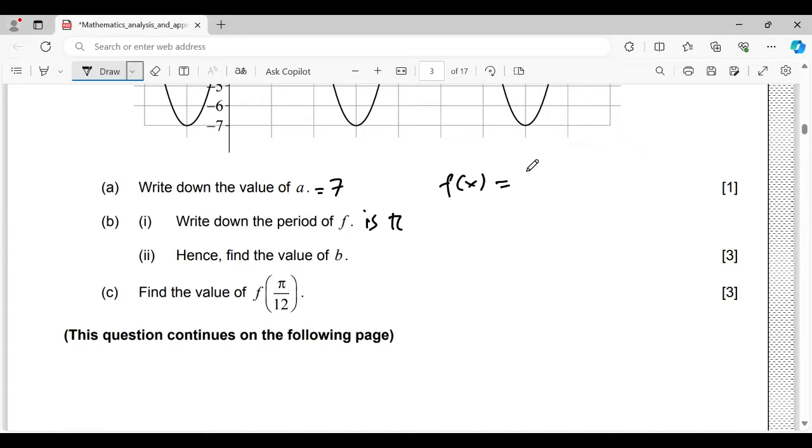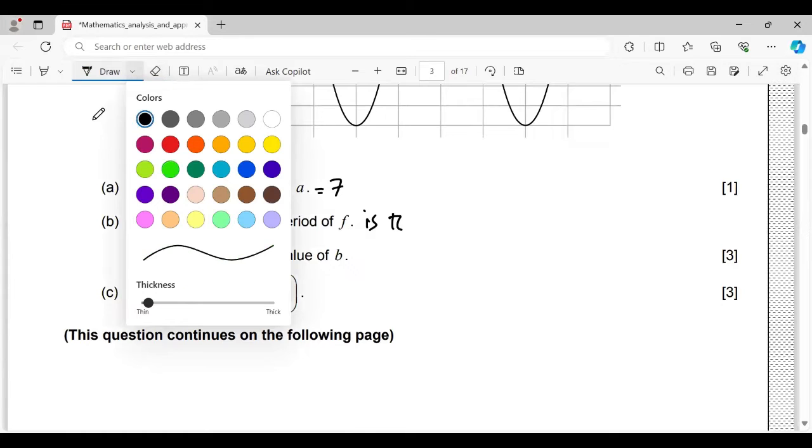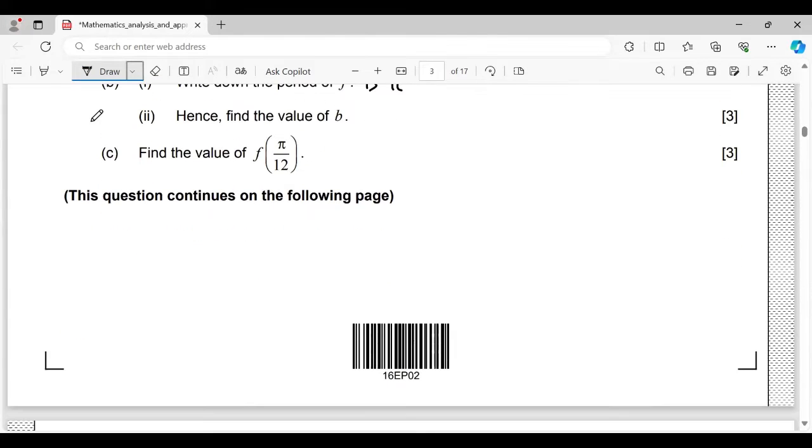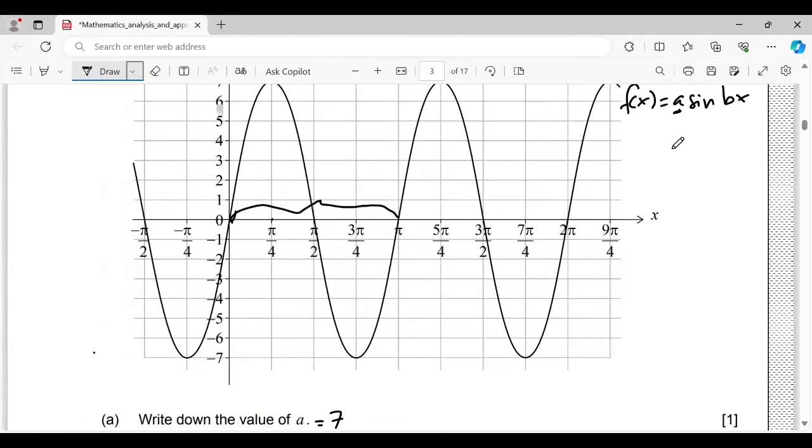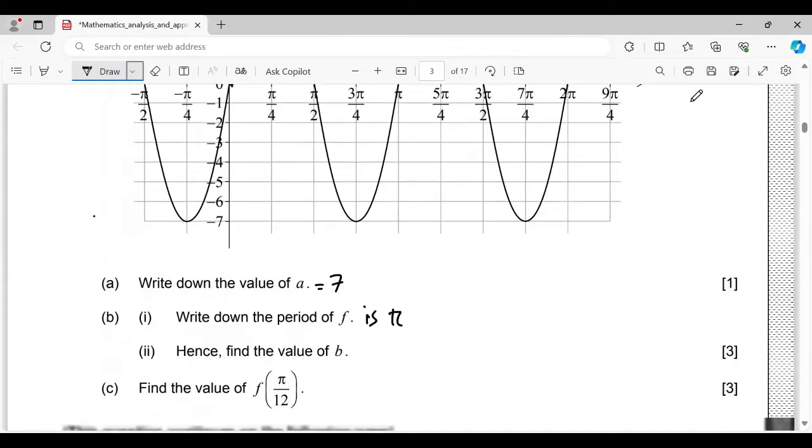I'm going to write down here: f(x) equals 7 sine bx, 7 because a equals 7.